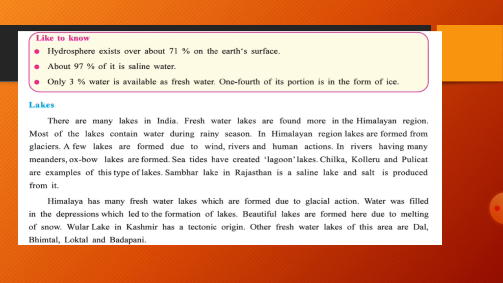Beautiful lakes are also formed by the melting of snow. Wular Lake in Kashmir has a tectonic origin, and the other freshwater lakes of this area are Dal, Bhimtal, Loktak and Badapani.